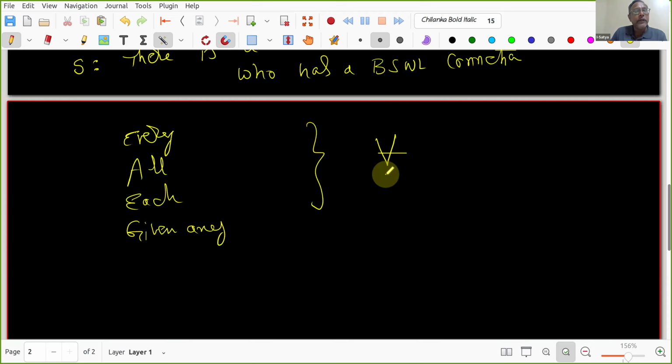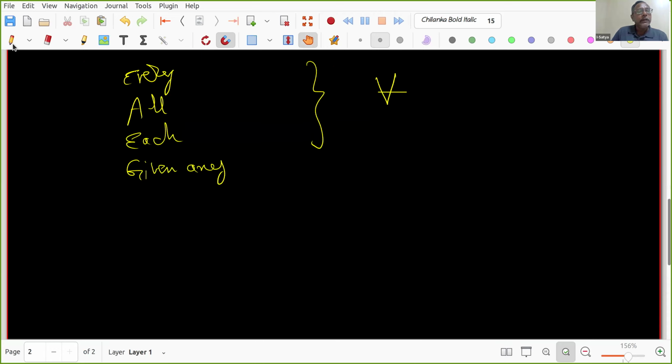But usually, to remove the ambiguity, we use every. In mathematics we try to write every real number has some property, and generally we will not write all real numbers like that. Wherever possible we use every. Now look at one statement in that way.